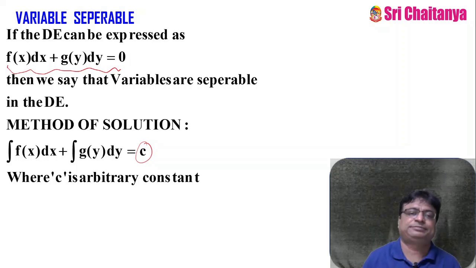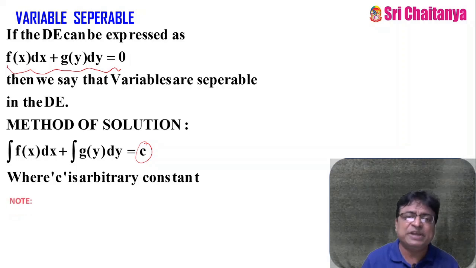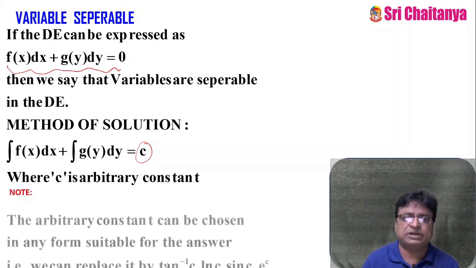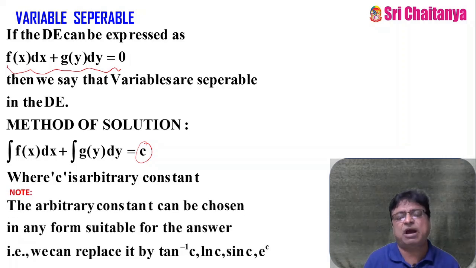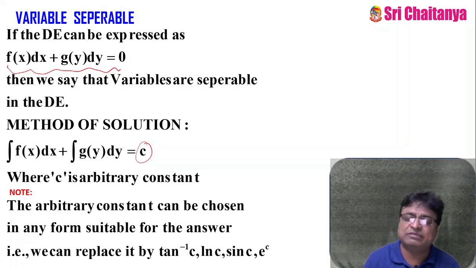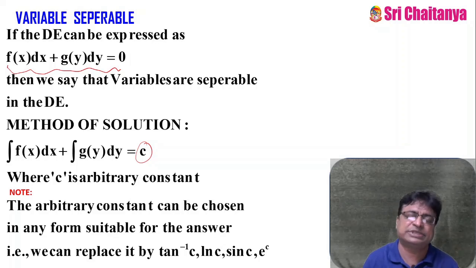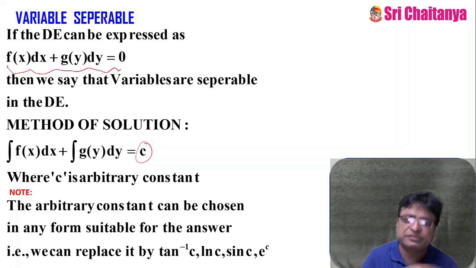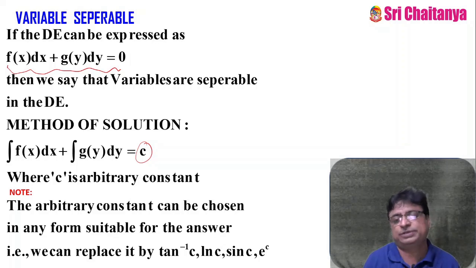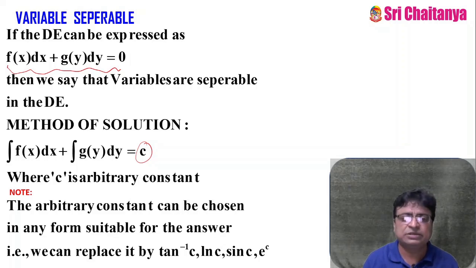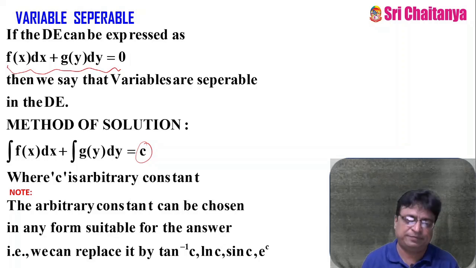And my friends, based upon the solution, sometimes we can change the arbitrary constant as tan inverse c, or log c, or sin c, or e to the power c. Everything depends upon the nature of the solution and the terms involved in the solution. It is all just for simplification.